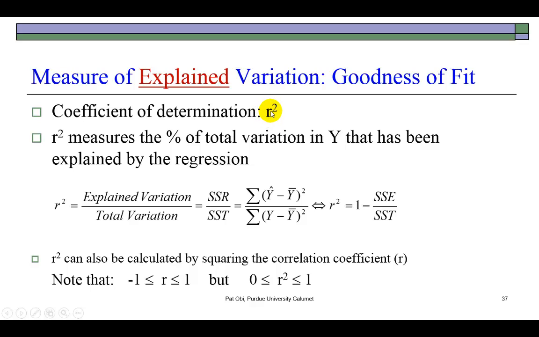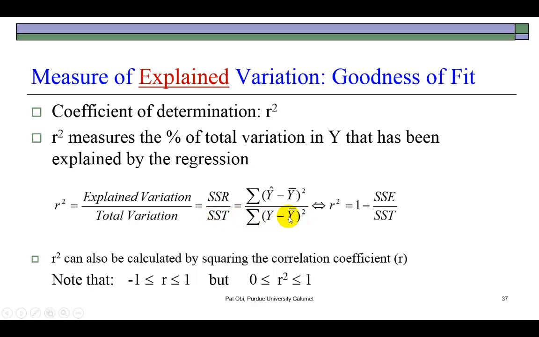So if you have the correlation coefficient and you square it, in the case of a simple linear regression, that's going to give you the coefficient of determination, our measure of goodness of fit that measures the proportion of the total variation in y that has been explained by the regression, and is calculated as the ratio of explained variation to the total variation, where explained variation is the sum of squares regression, which I showed you earlier, and total variation is the sum of squares total, which also you saw earlier.